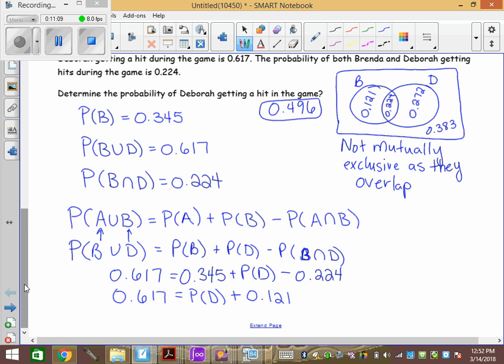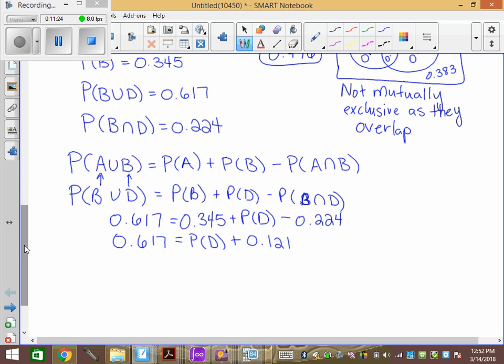We agree? And then how do we get P of D by itself? Just normal solving like you guys did in grade 9. Minus 0.121.